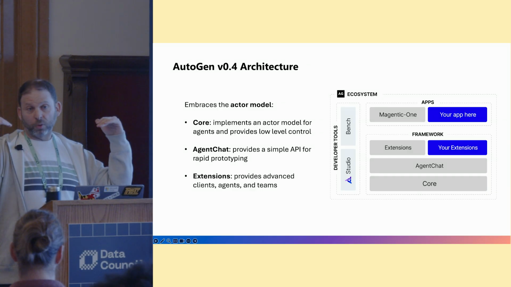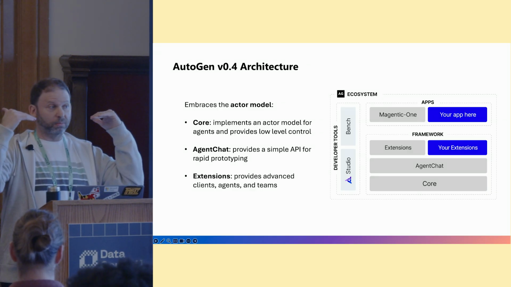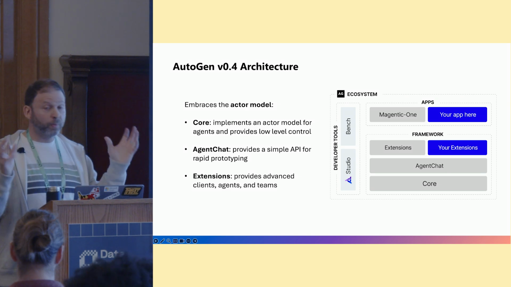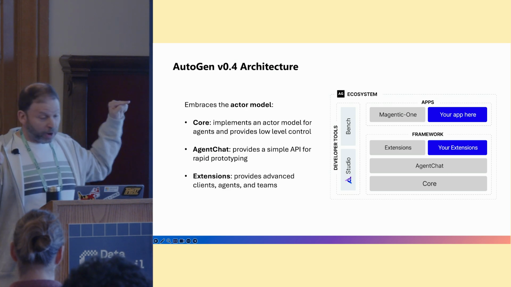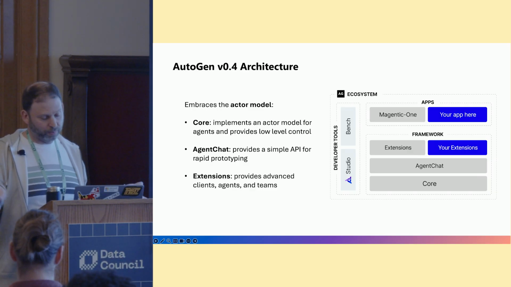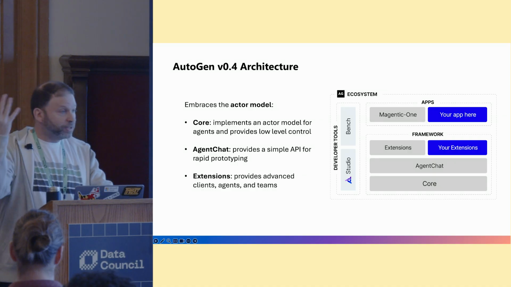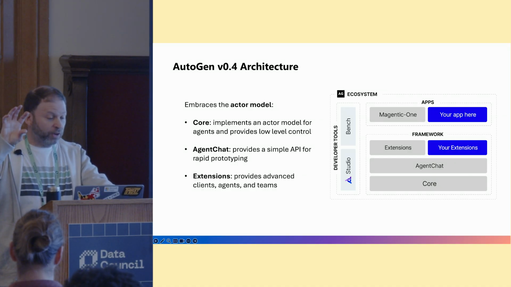Agent Chat gives you the ability to specify a multi-agent application or workflow very, very easily. And then there are extensions, right? It's very extensible, and I believe there's a list of extensions that you can add to this. That's actually the core framework itself.